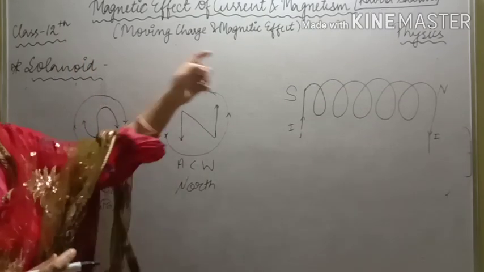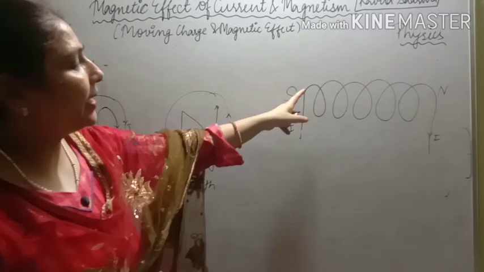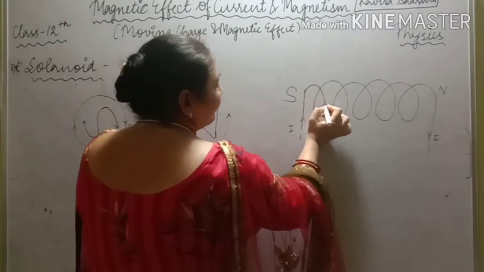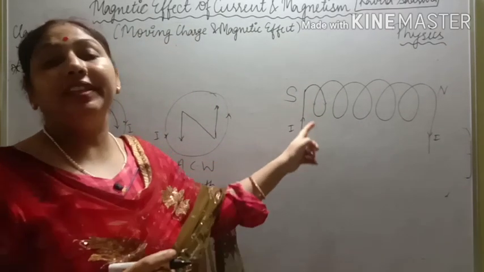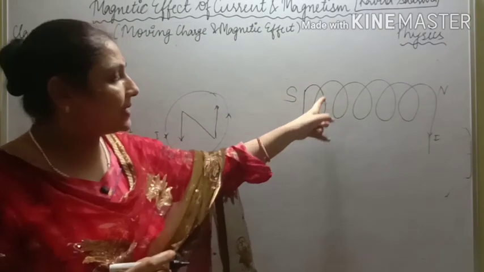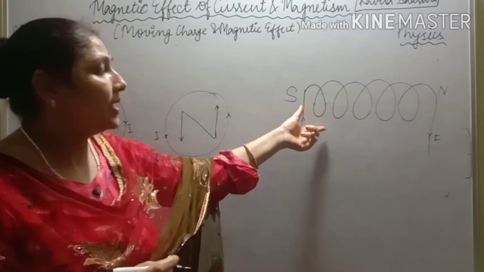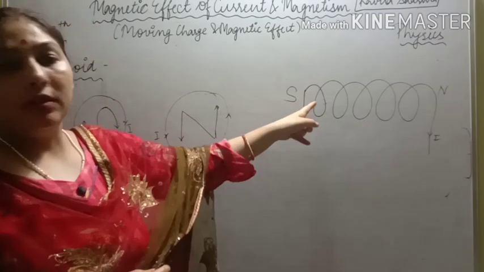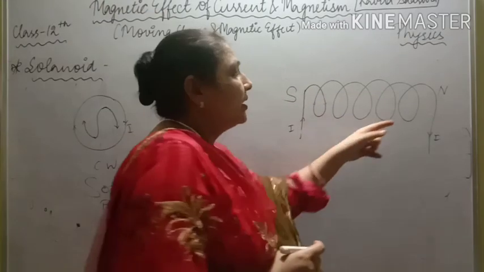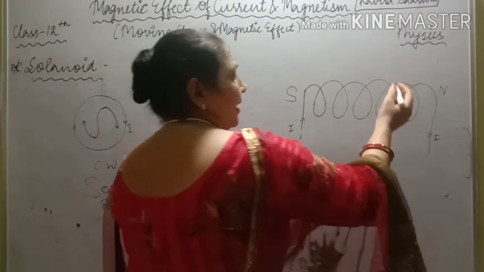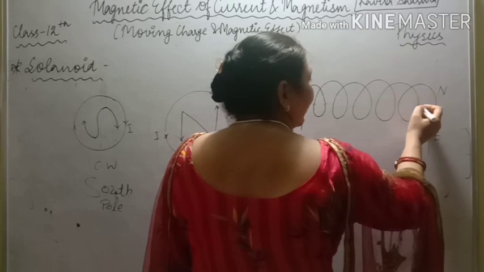Okay, and look at this diagram, here we have the clockwise. Here the current flow in this circular loop of the solenoid is in the clockwise direction. So this end forms the south, and here the current flow is anti-clockwise.